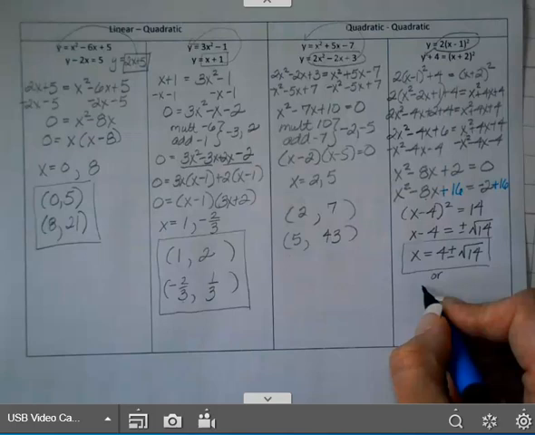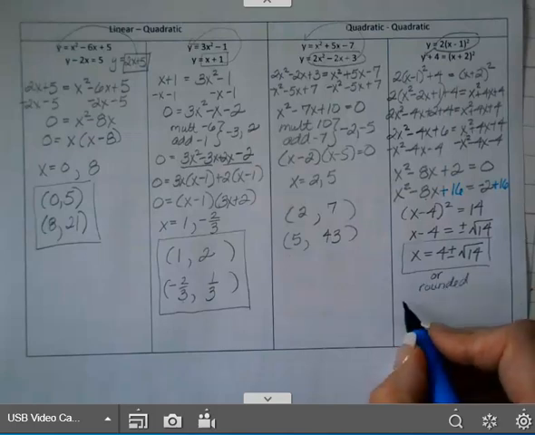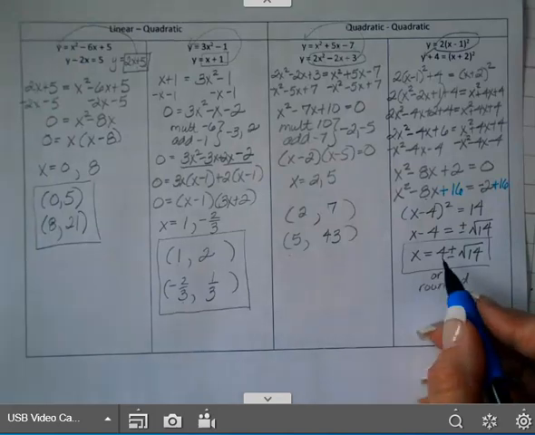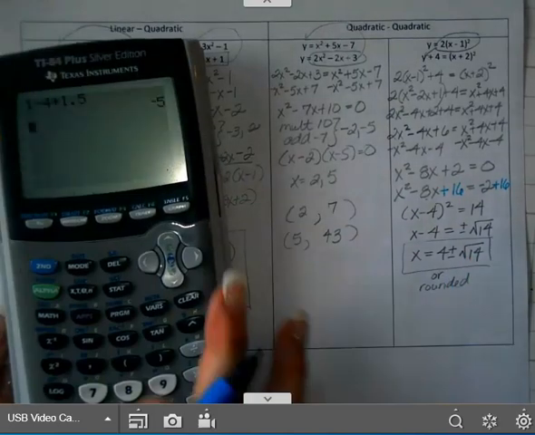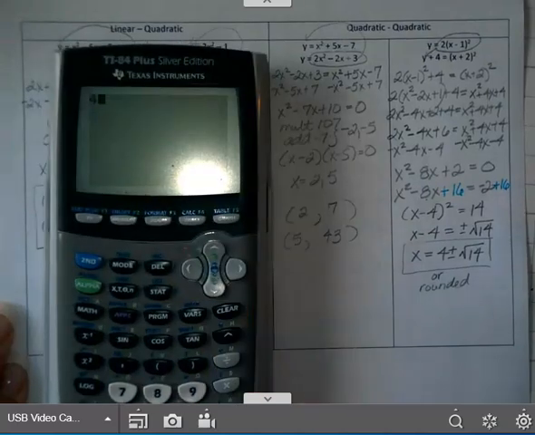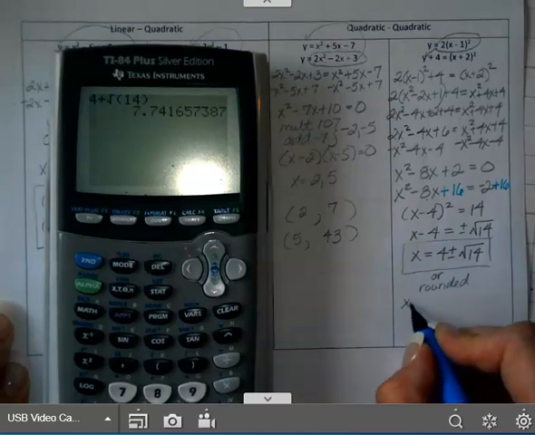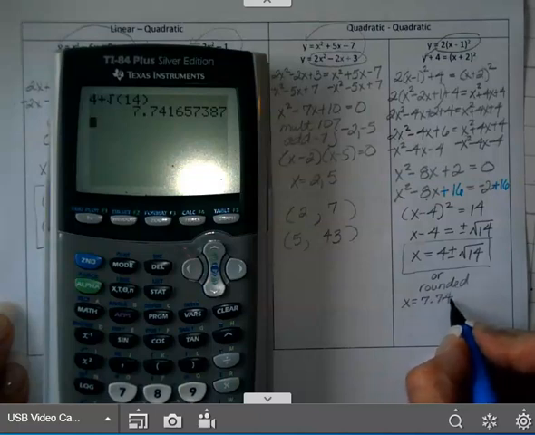Or if you want a rounded answer, which we're going to probably need to use, let's go ahead and do 4 plus the square root of 14. And so that is about 7.74 for that one.